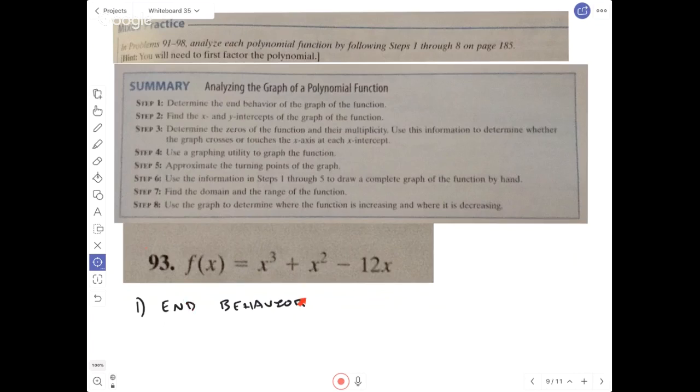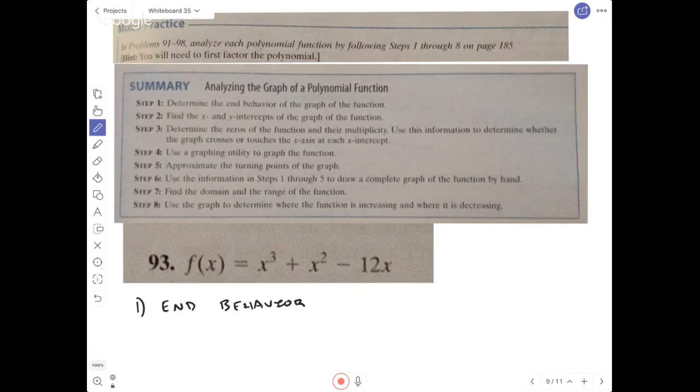So for the end behavior, it's actually easier to see the end behavior in this format. So the end behavior is going to be the same as the end behavior of the leading power function. Tom and Ivan presented on power functions and the difference between a power function and a polynomial function. And it was really helpful to have that definition of a power function because every time we look at a polynomial, here's a complex polynomial, the end behavior can just be reduced to the end behavior of this power function.